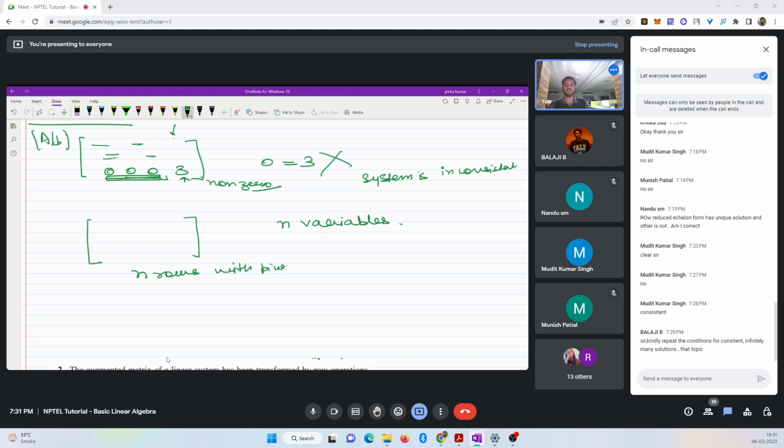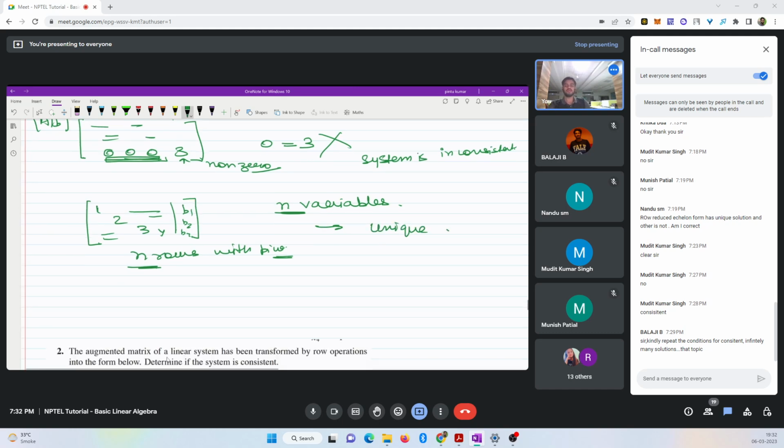Every row has a pivot element, like 1, 2, 3, 4, and some entries over here, and here you have B1, B2. If there are n variables and your n rows have pivot elements, then you will get information about all the n variables. In this case, your solution would be unique.